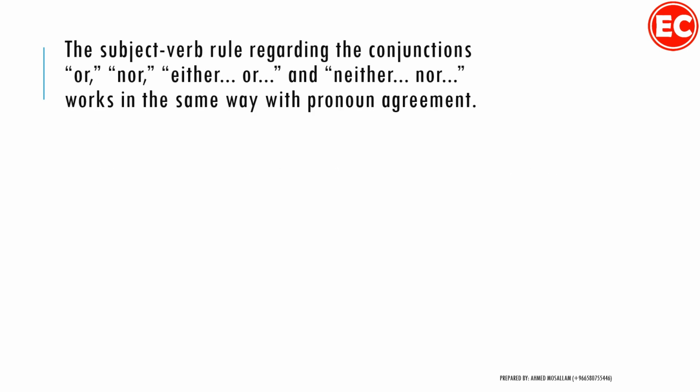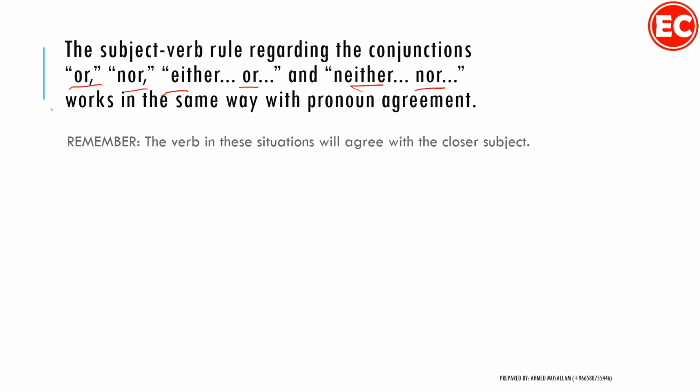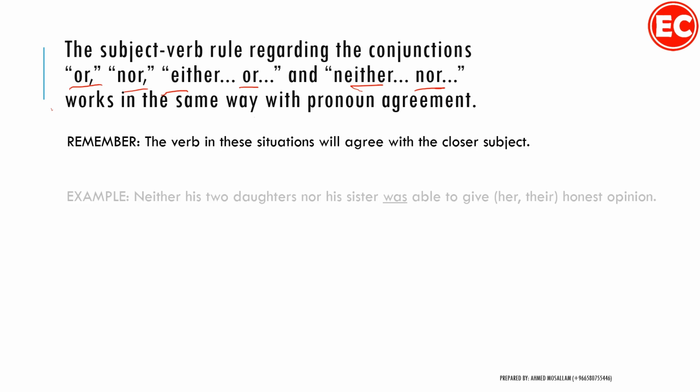If you remember what we said in the last session about or, nor, either and neither, we should have the agreement. We said that what is closer to the verb is going to decide the verb. The verb in this situation will agree with the closest subject. So here we have neither his daughters nor his sister.